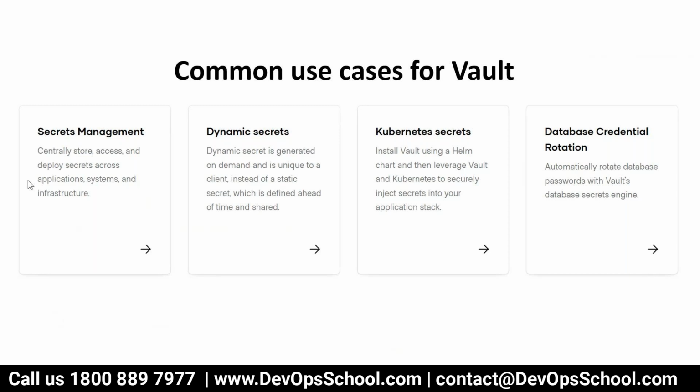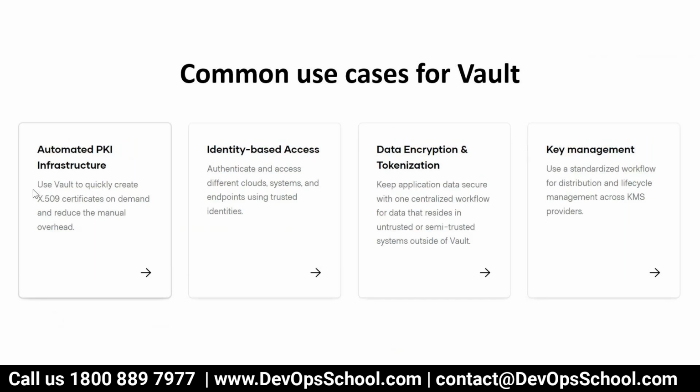You can also use it for Kubernetes secrets and database credential rotation, passwords and so on. You can also use it for automated PKI infrastructure, identity-based access, data encryption and tokenization, and key management. So this is the introduction of Vault.